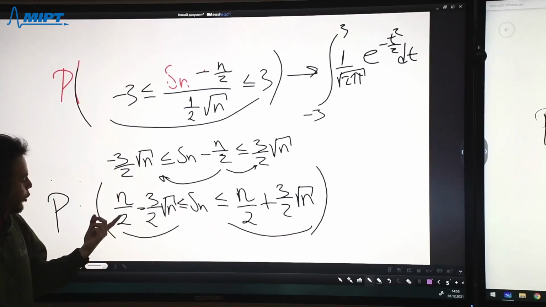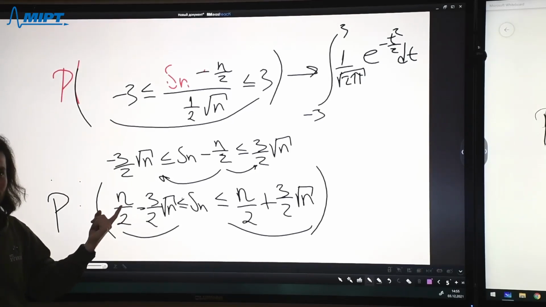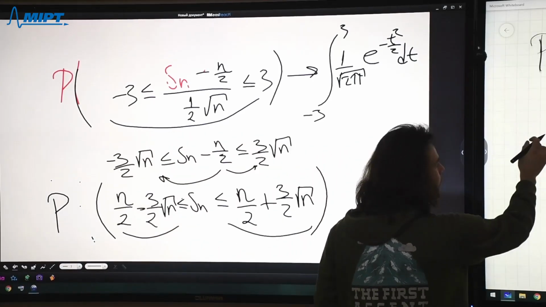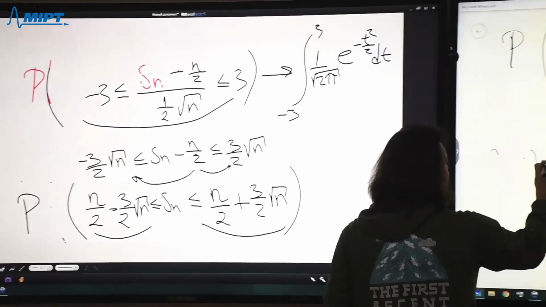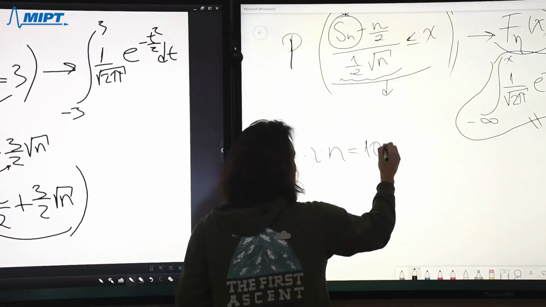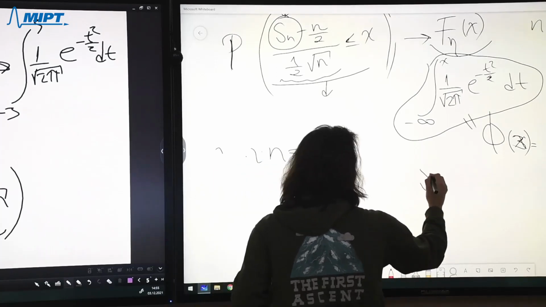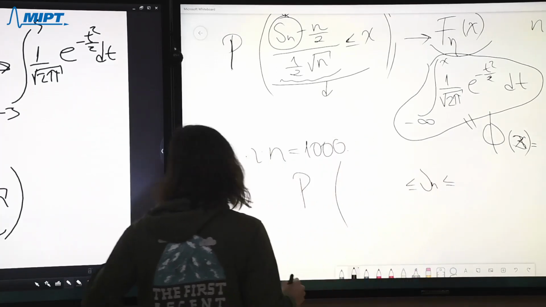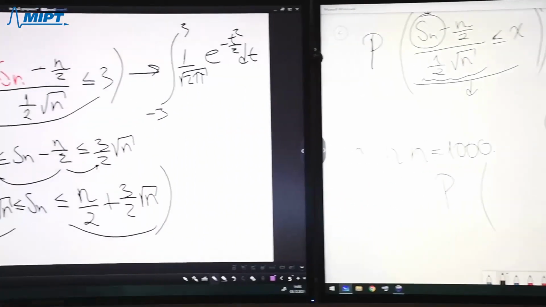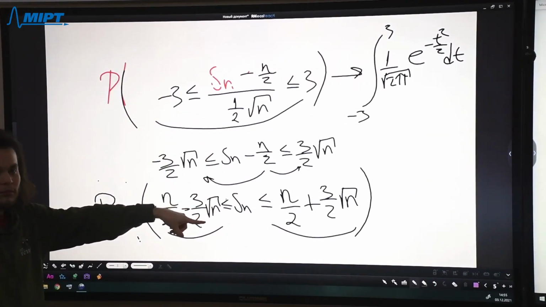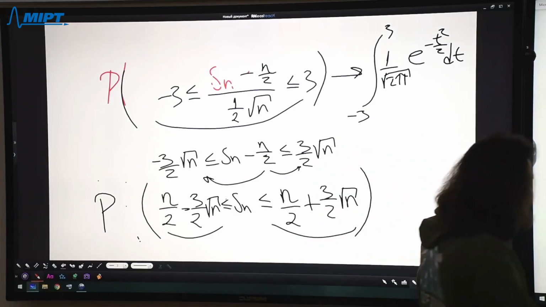What if, for example, we have 1,000 here? Then what is this? So let's say that n is 1,000, right? Then we are looking at the probability that the number of successes is between what values? What is the square root of 1,000? Okay, let's use 10,000, so that it is easier, right?